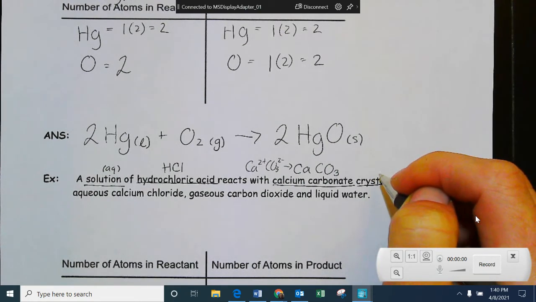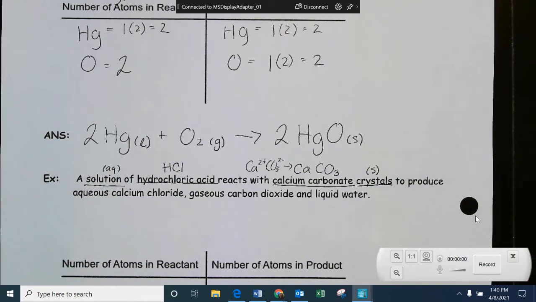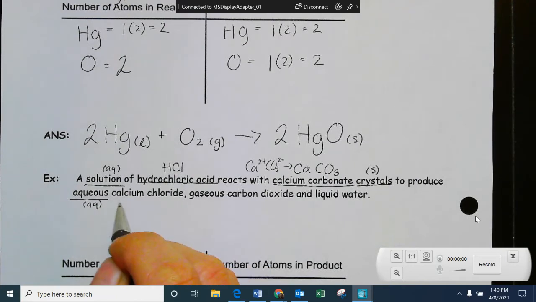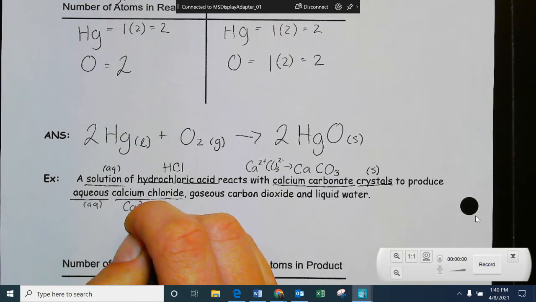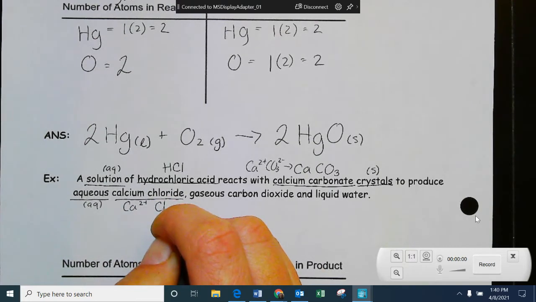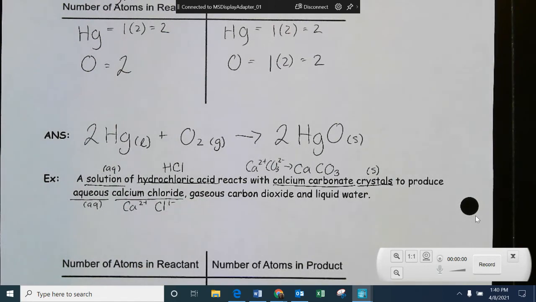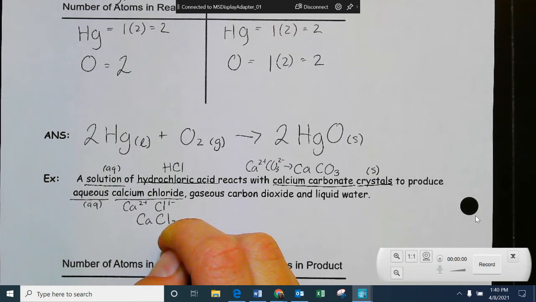Solid, liquid, gas, aqueous? Solid, yep. To produce aqueous calcium chloride. Okay, calcium has a 2+ charge. Chlorine has a -1 charge. So when those two combine, we get CaCl2.